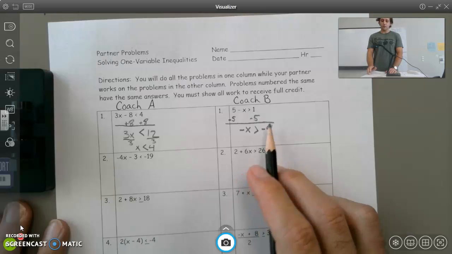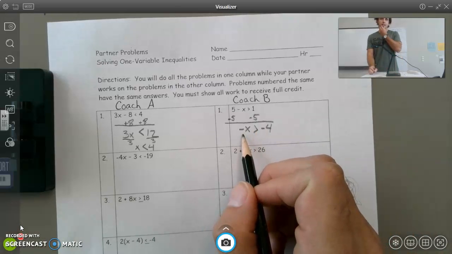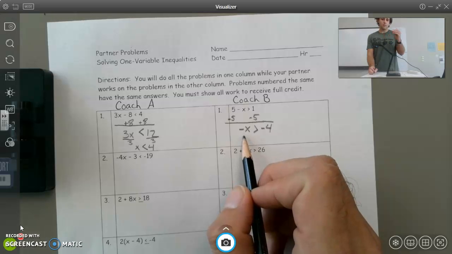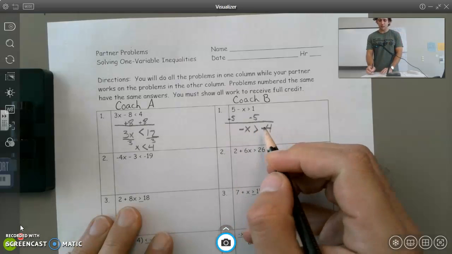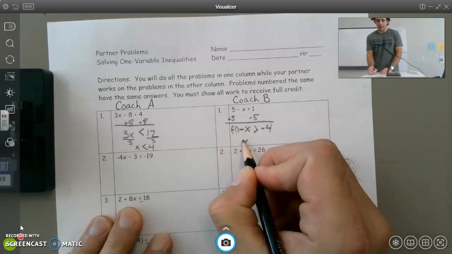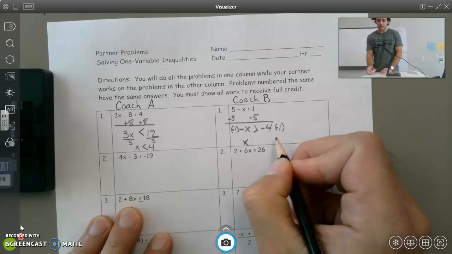The coefficient of negative x is negative 1. What would I need to multiply or divide by to go from negative 1 to positive 1? Well, negative 1 times negative 1 is positive 1. So I need to multiply by negative 1, and that makes this now positive 1x. I would also multiply by negative 1 on this side.